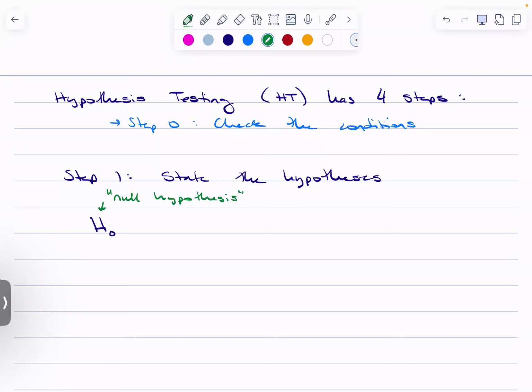Yes, there's an H0 and an Ha. So the null hypothesis, because 0 is null, right? H naught, so 0 is not, or H naught, right? It's usually how I pronounce it, H naught. Because a subscript 0 is not or null.